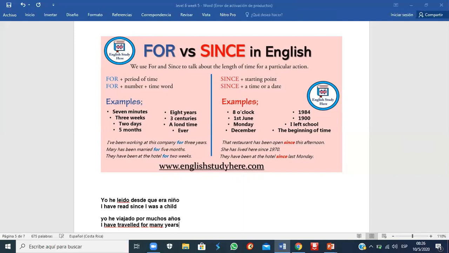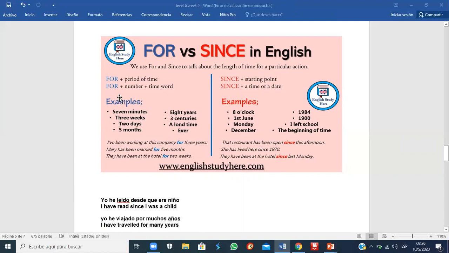Okay, for many years. So in this case, for is used when we have the specific length of time, the time expression. So this is the situation. For could be the equivalent in Spanish to por, and since is desde. These are the two most common complements that we have with the present perfect, which are for and since.